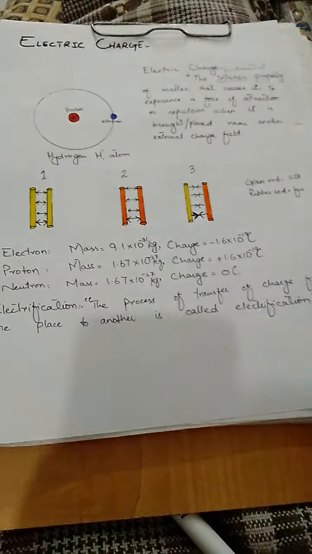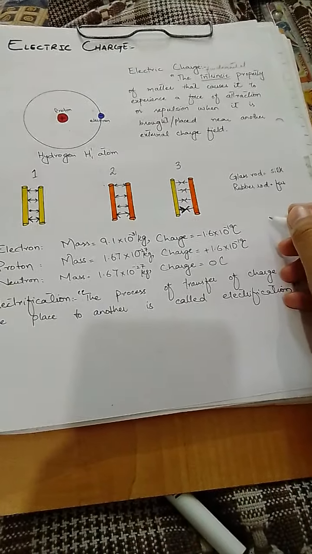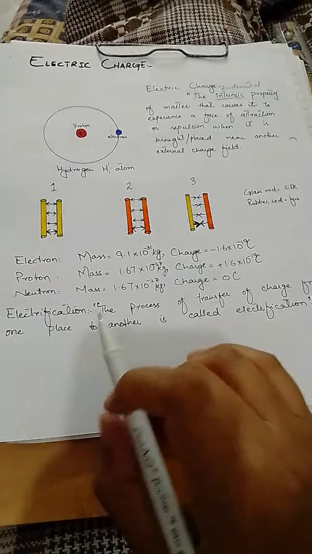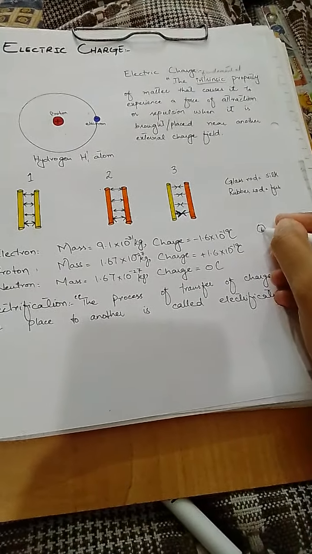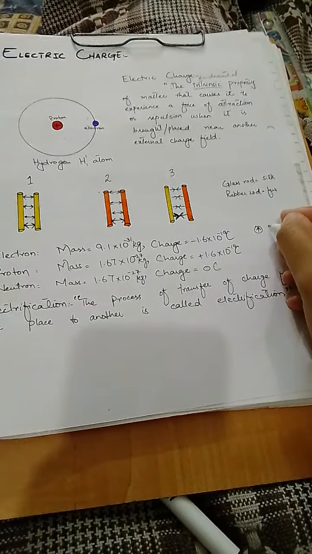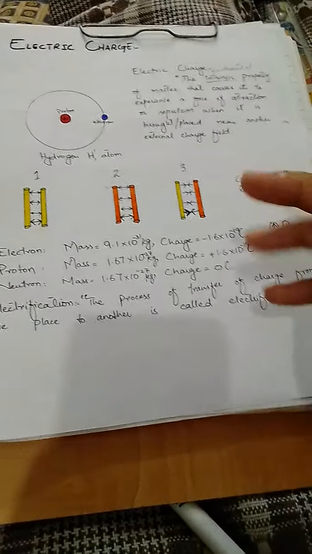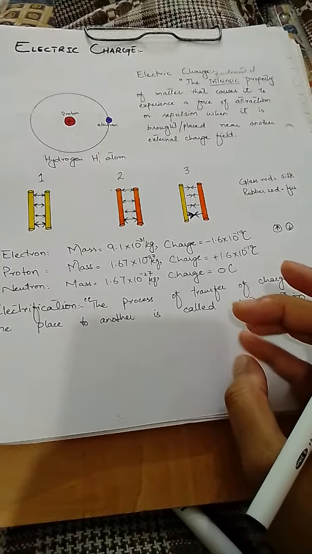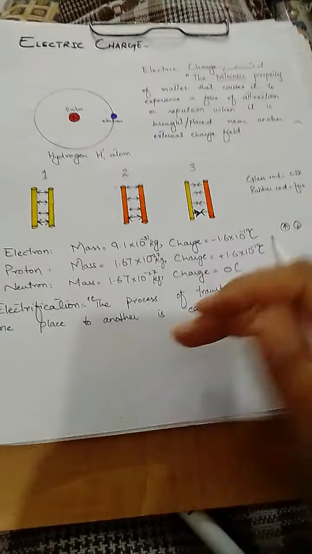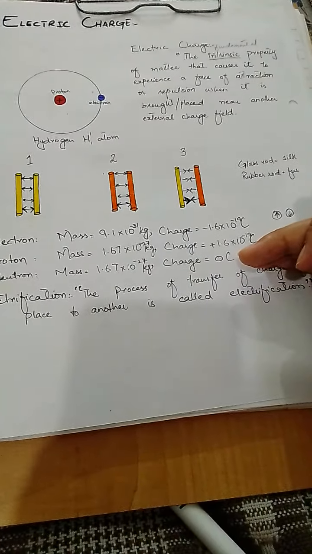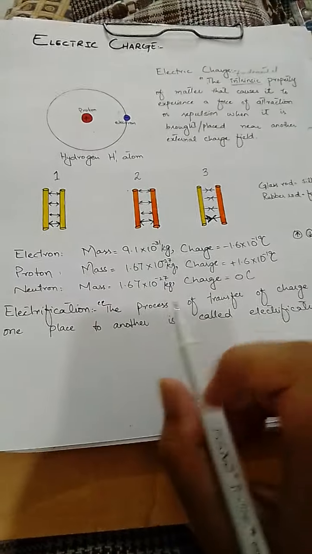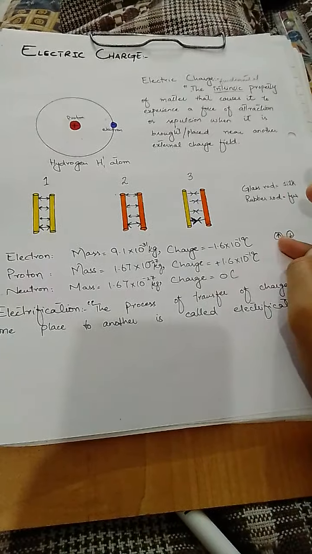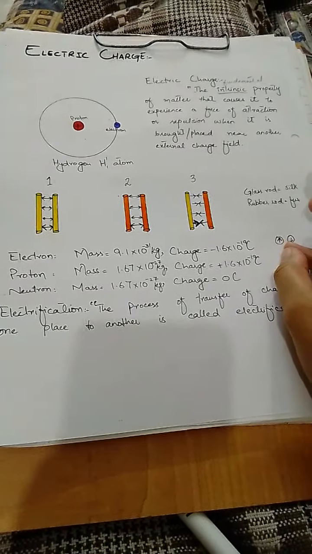So why does this happen? Okay, so when we look at a proton or neutron, these neutrons and protons are made up of quarks. Okay, so if this is a quark, an up quark, a down quark, so inside a neutron, the quantities of up quark and down quark are balanced. That's why they don't have a charge, right? But in proton and electron, in proton there is an excess of up quark.